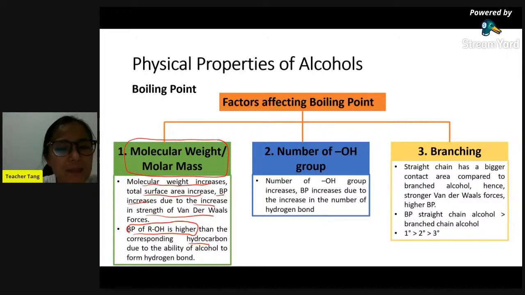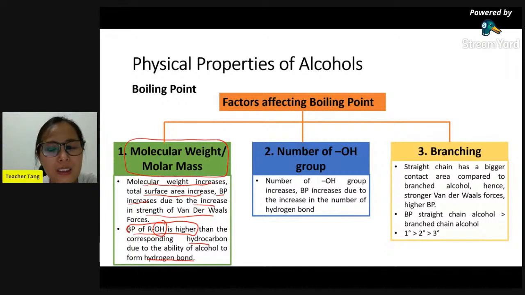It is because alcohol has the hydroxyl group, which allows it to form hydrogen bonds between the alcohol molecules. And we know that hydrogen bond is stronger than the van der Waals forces, therefore alcohol generally has higher boiling point than the hydrocarbon. So this is the first factor affecting the boiling point of the alcohol.